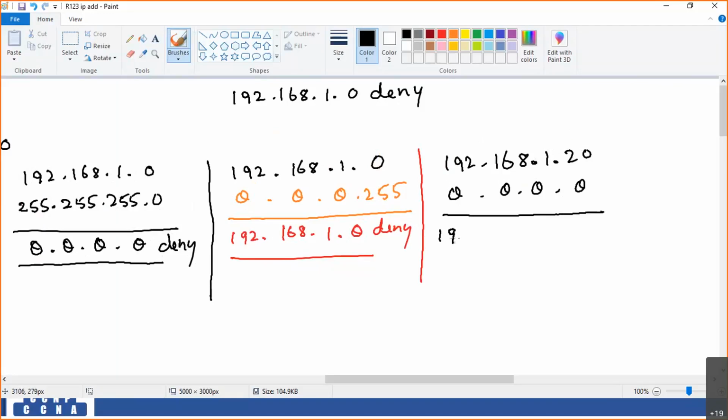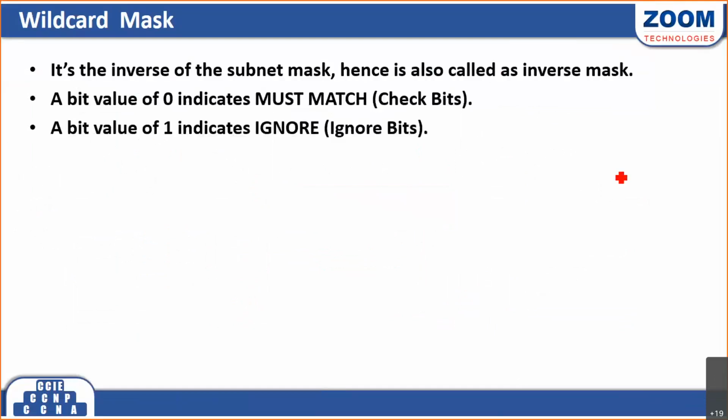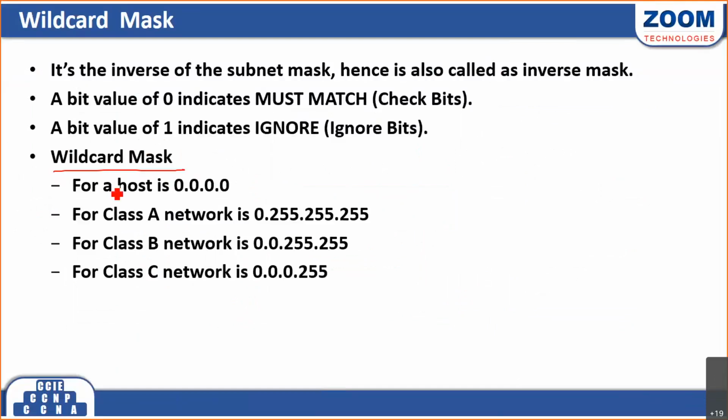First octet matching, second, third and fourth, every octet must match. So the wildcard mask for a host is zeros. For networks, class A, class B, class C network, we can use the other wildcard masks.